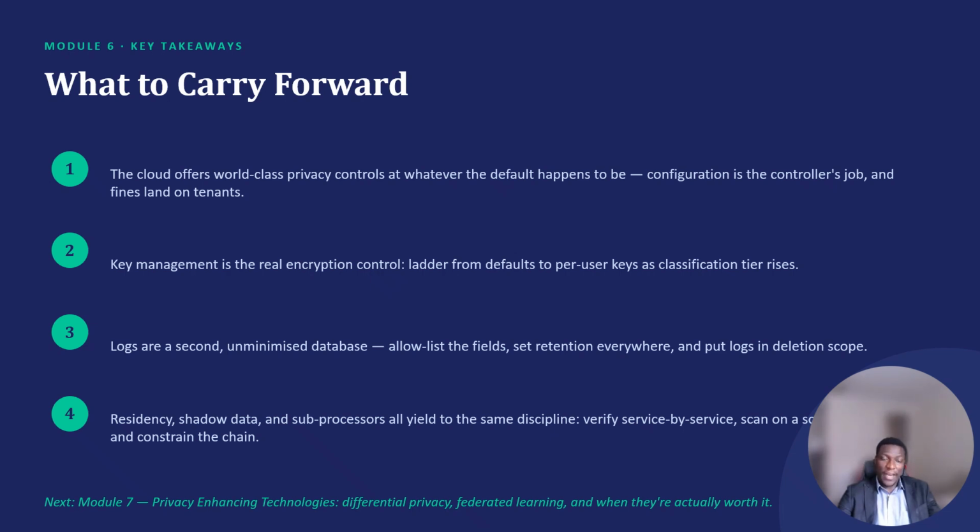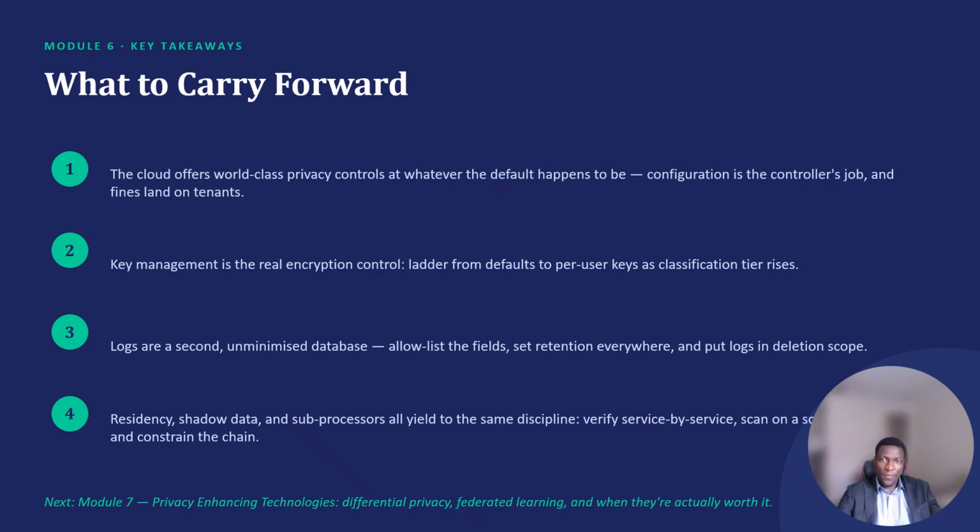Later, from platform defaults up to per-user keys as the classification tier rises. Number 3, logs are a second unminimized database. So use allow list fields at the shipper, set retention on everything, and bring logs into your deletion scope.